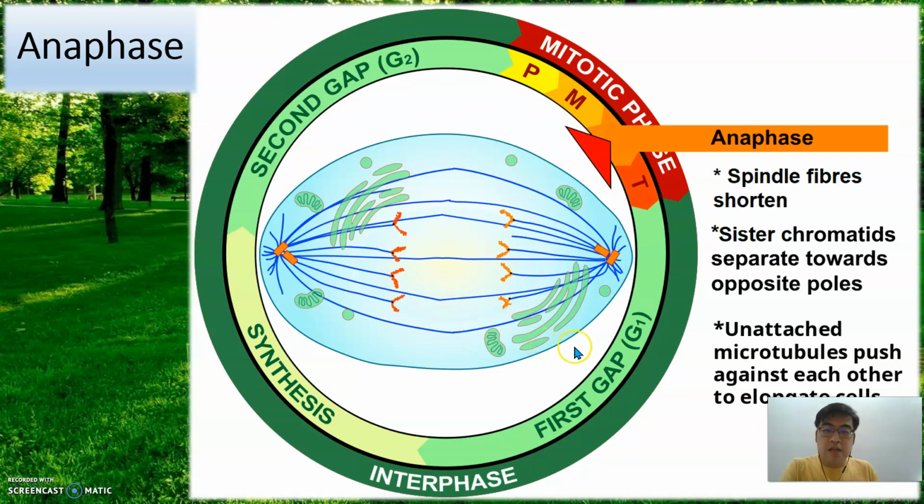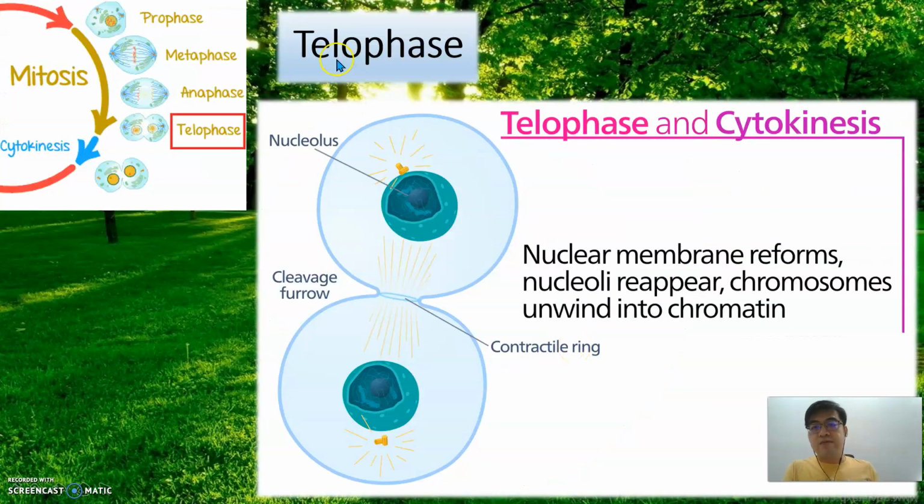And finally, we have come to telophase, the second last stage, and of course cytokinesis later. The nuclear membrane will now reform in each of the daughter cells, and the nucleoli, which is the plural of nucleolus, will reappear.